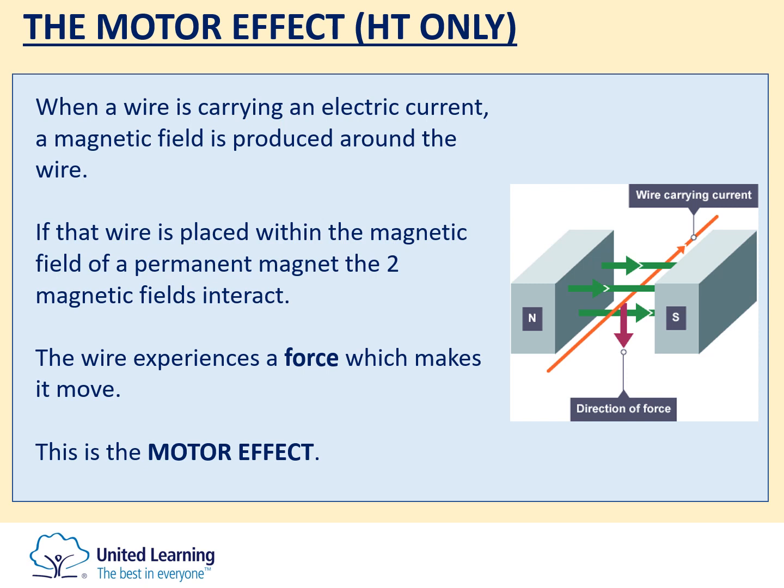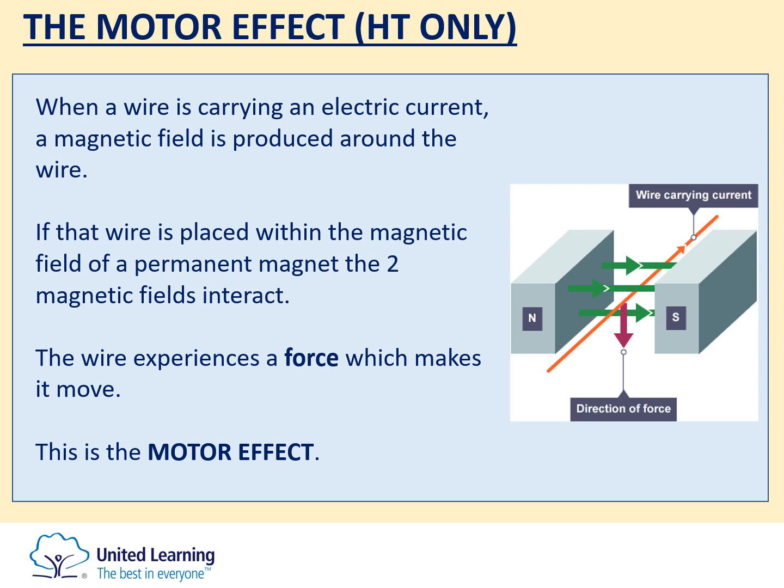So continuing on with the electromagnetism topic, and this is for higher tier students only, is the motor effect. And this is something that happens when you have a current carrying wire being placed into a magnetic field.